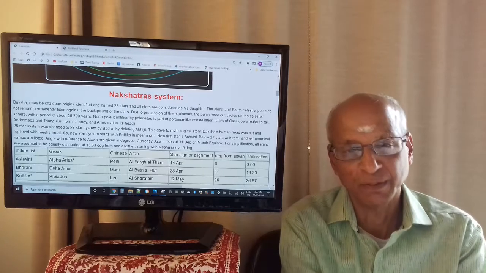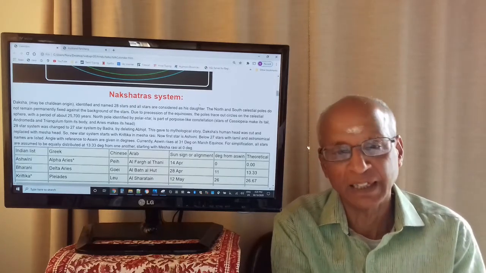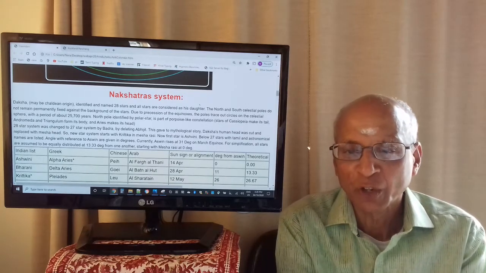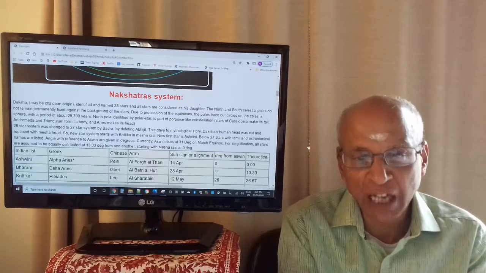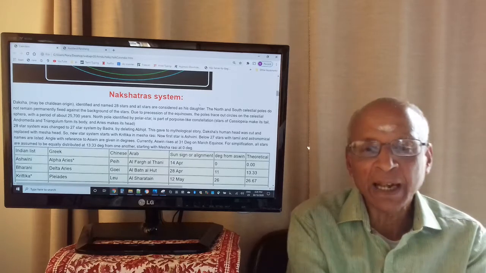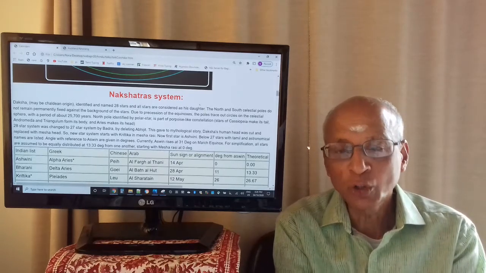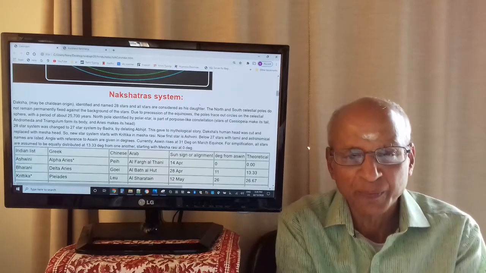There was nothing. So the people were moving from place to place, astronomers were moving. So he named 28 stars. Whenever a person names, all the stars are called daughters. So 28 stars, 28 daughters.